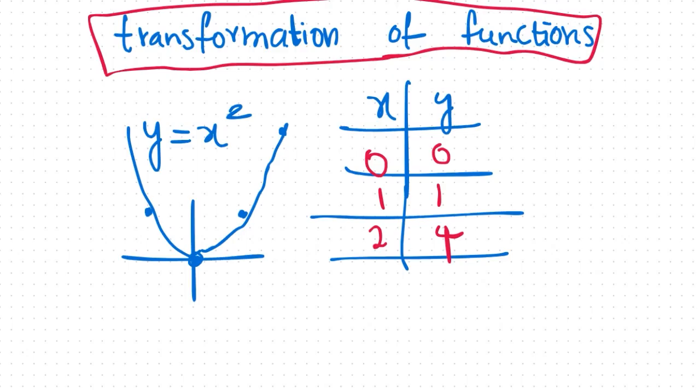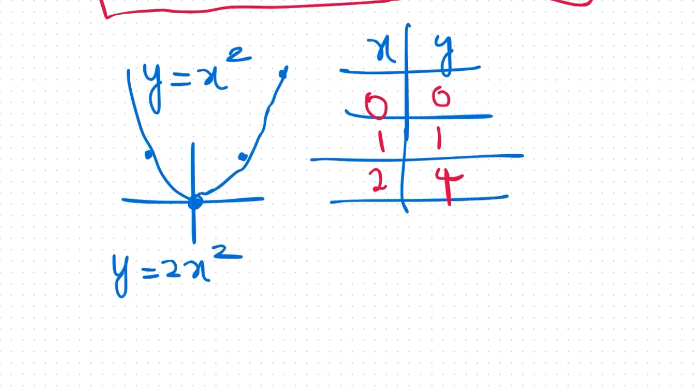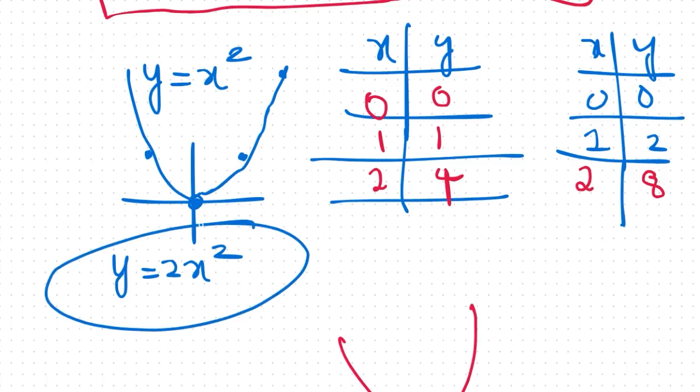It is important to remember this. Let's say y equal to 2x square. Can you try it using this method? For 0 it is 0. For 1 it is 2. For 2 it is 8. Now can you draw this graph here itself, on this same axis?